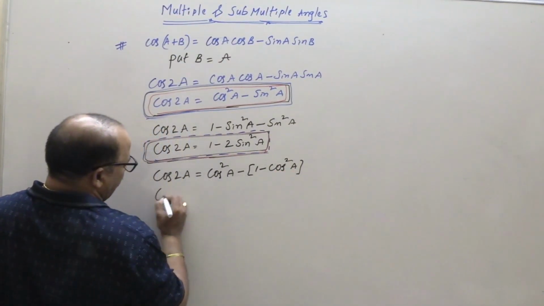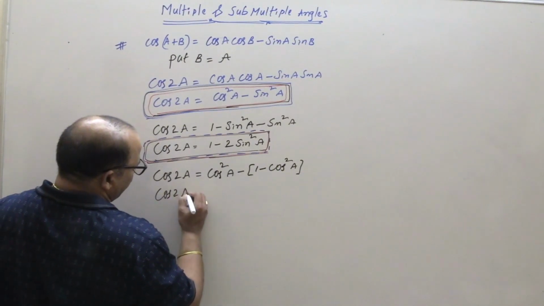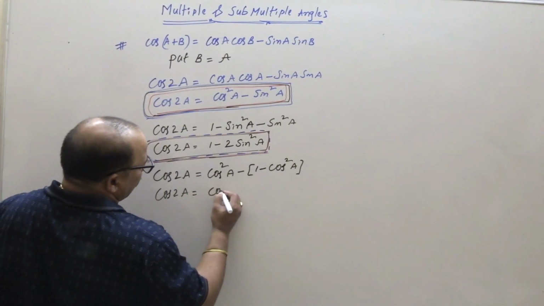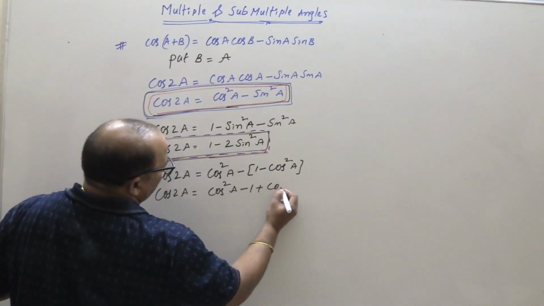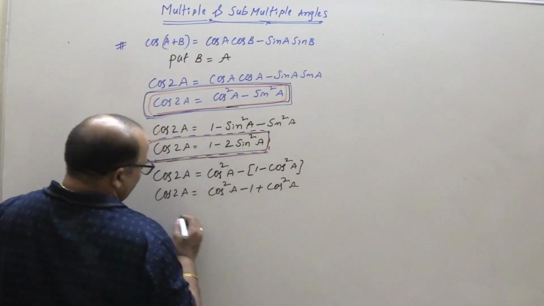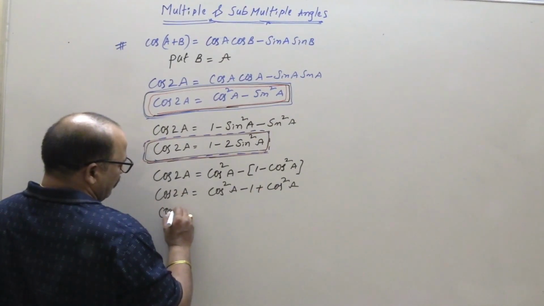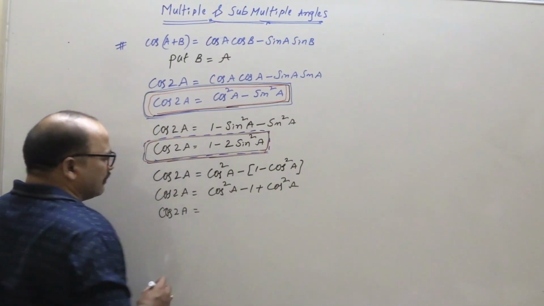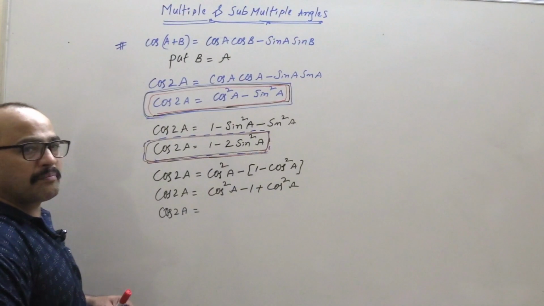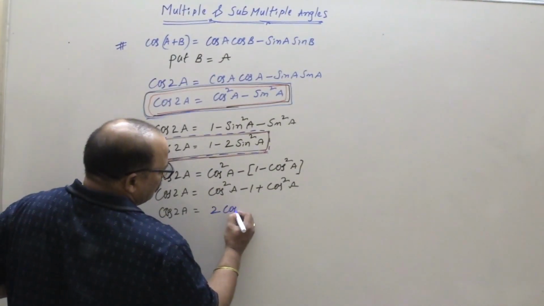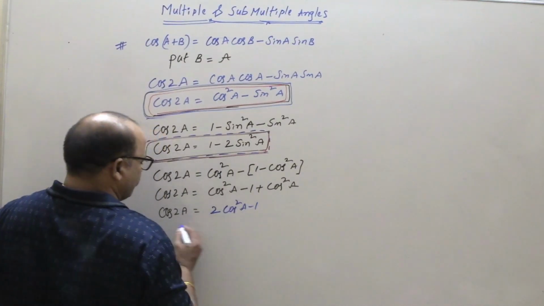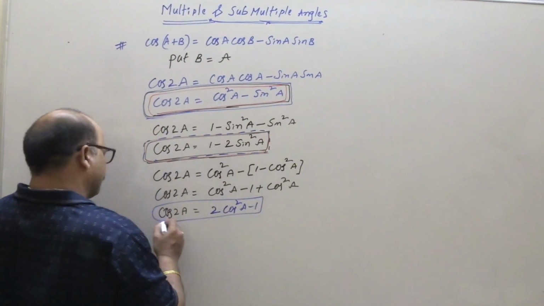Cos 2a is equal to cos square a minus 1 plus cos square a. Therefore, cos 2a is equal to cos square a plus cos square a, 2 cos square a minus 1. This is the formula, students.